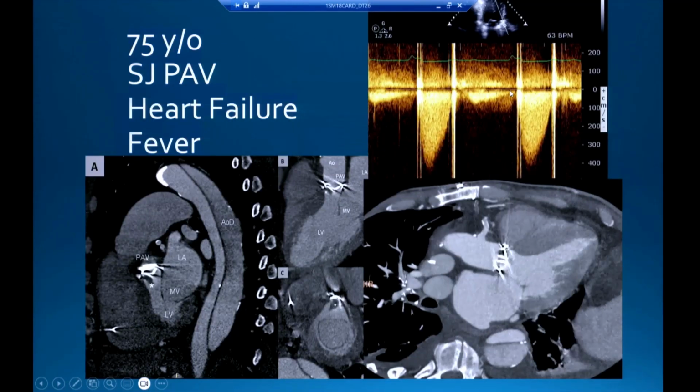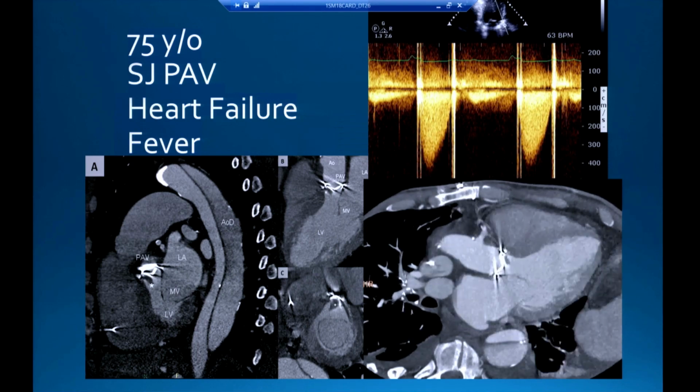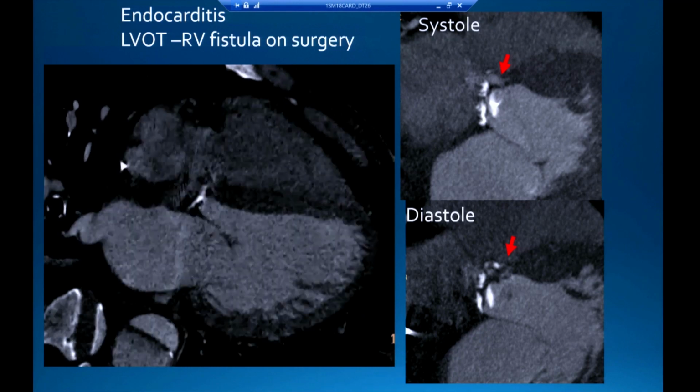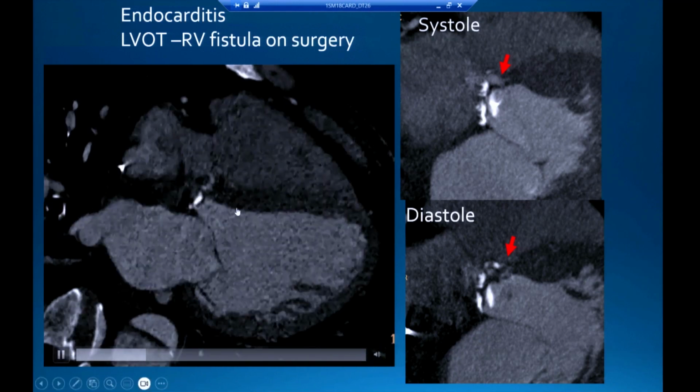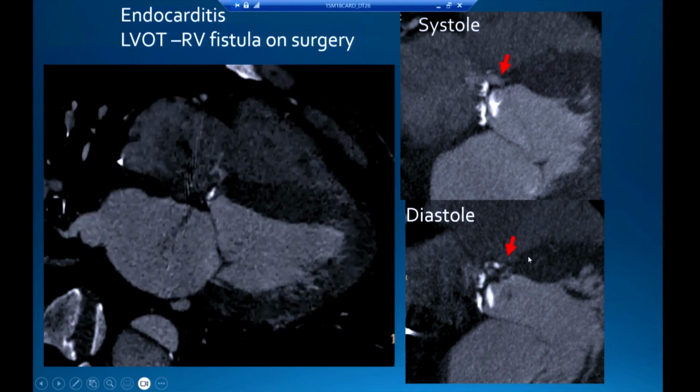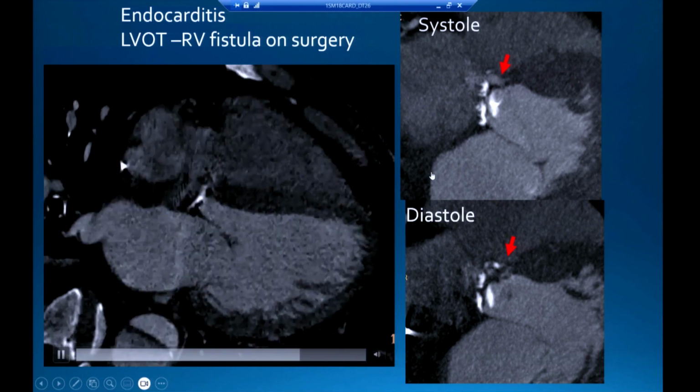Endocarditis, again, I think Dr. Amala presented a couple of weeks ago. This is a patient with prosthetic valve endocarditis. I thought it was an interesting case: if you have a difference of contrast between RV and LV, in this case you can see, with luck, proof that this is truly a VSD.